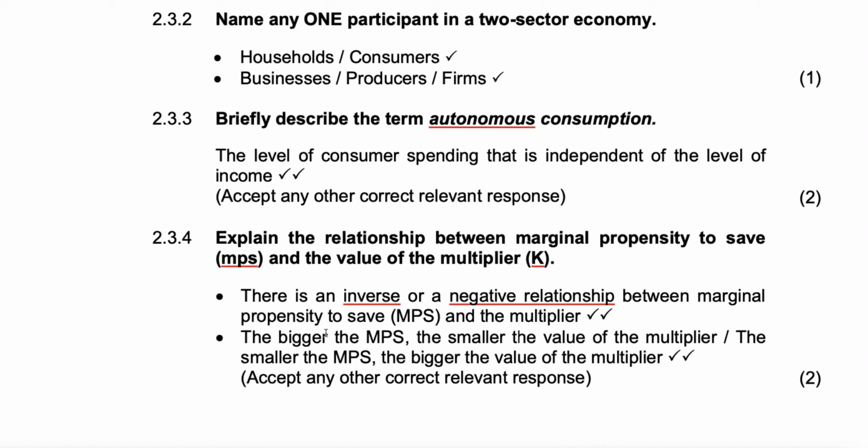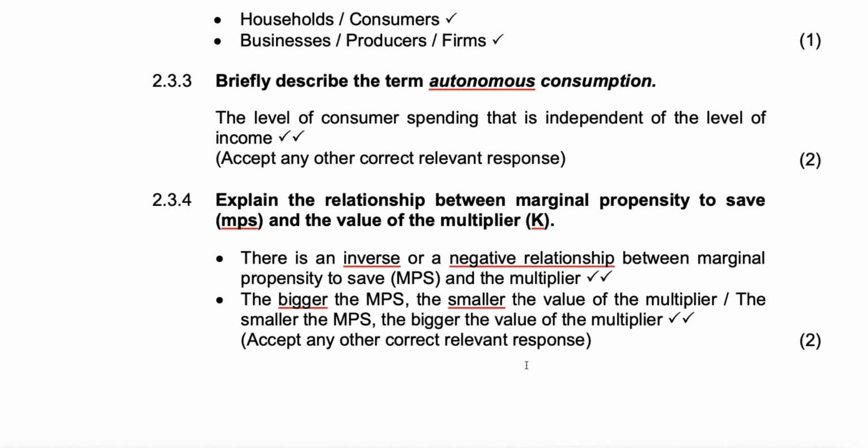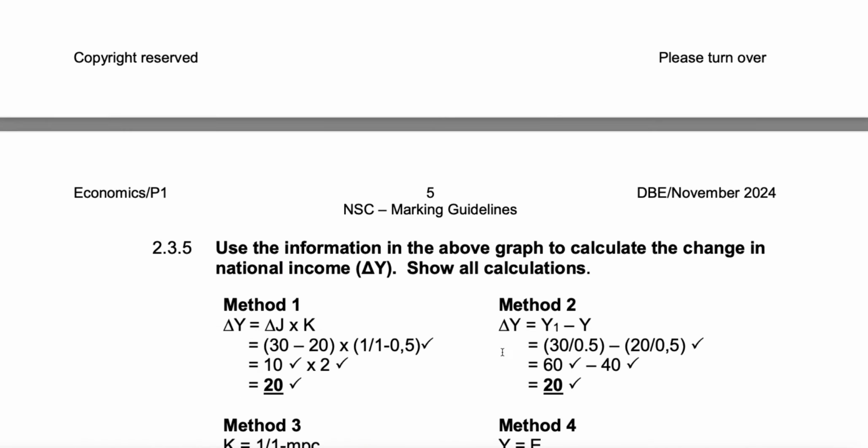So in other words, the bigger the MPS, the smaller. If it was MPC, you would say bigger. The bigger the MPS, the smaller the value of the multiplier. The smaller the MPS, the bigger the value of the multiplier. That's what I meant by vice versa.